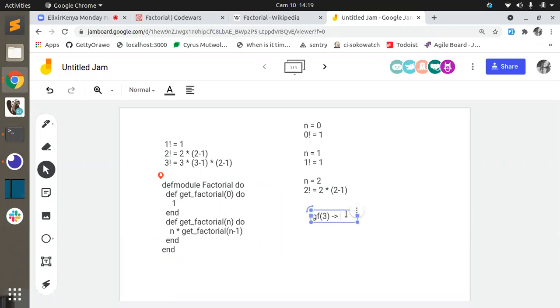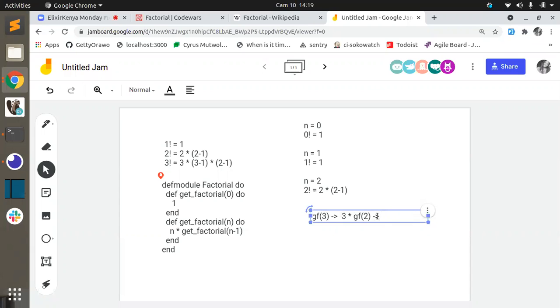Right? So at this point, we have n, which is 3, times get factorial of 3 minus 1, which in this case is 2.